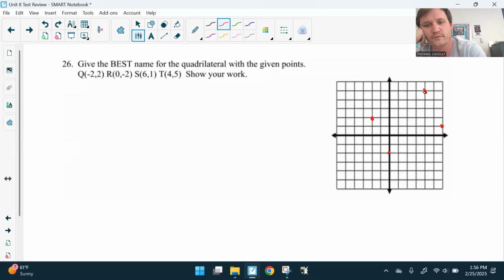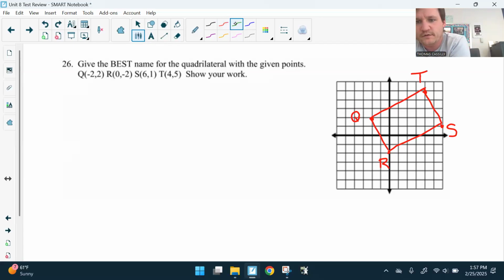Same thing here. Let me throw some letters on here. We had Q, we have R, this is S and T. So let's do it all again.